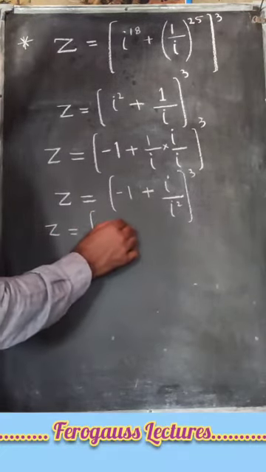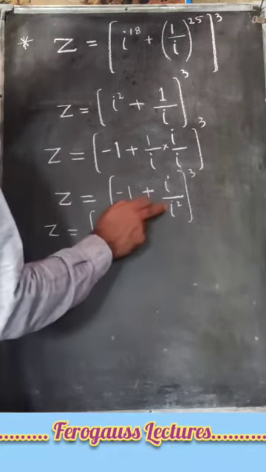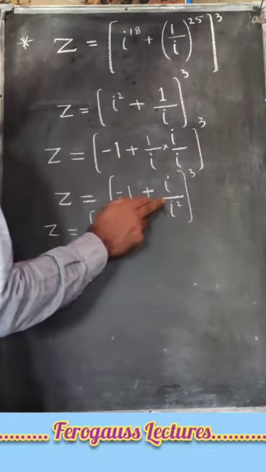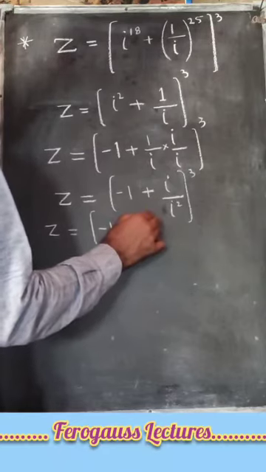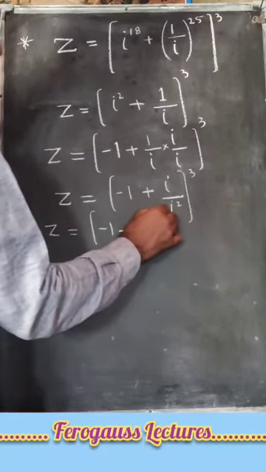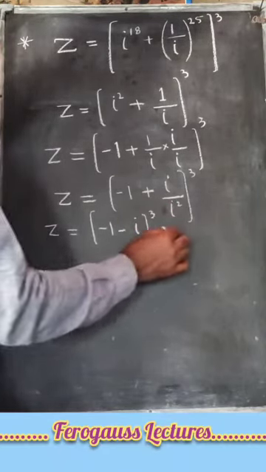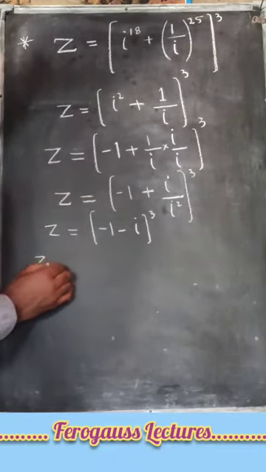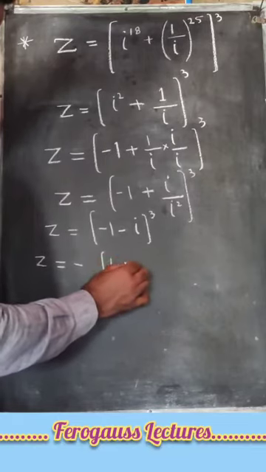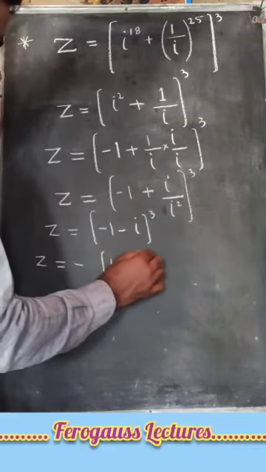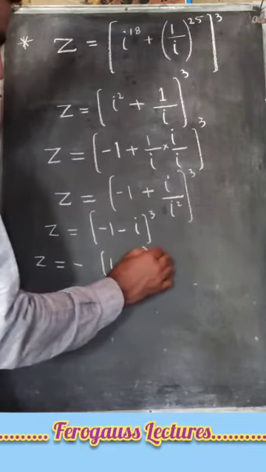Or z equal to, it's minus 1, iota square is equal to minus 1, so we get minus times iota, whole raised power 3. Or z equal to minus times (1 plus iota) whole raised power 3.